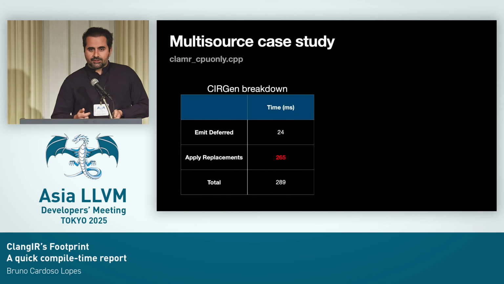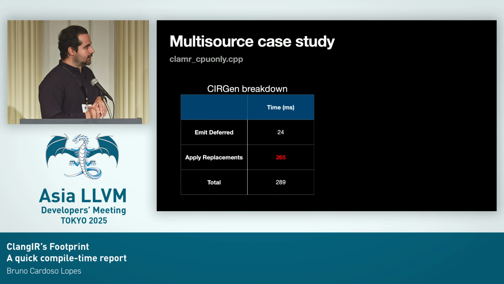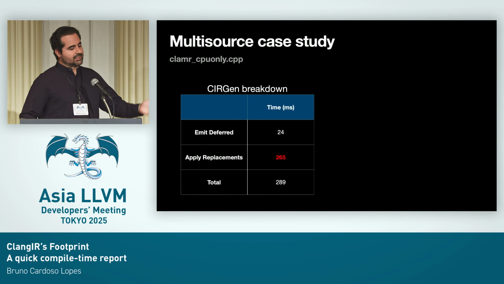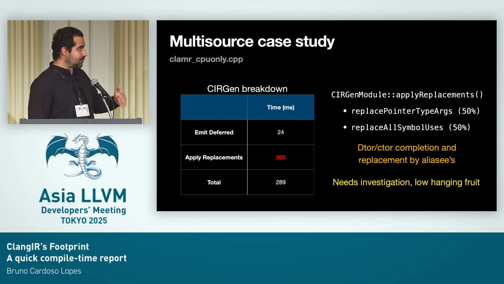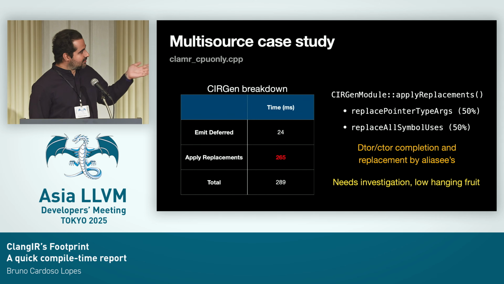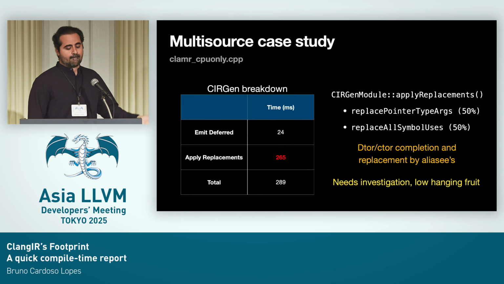But there's also a function called apply replacements that, because ClangIR, differently from LLVM, doesn't have opaque pointers, we actually have to do a lot of symbol uses replacement, because that's the strategy required for some of the aliases, constructors and destructors. So basically, almost all the time is spent there.